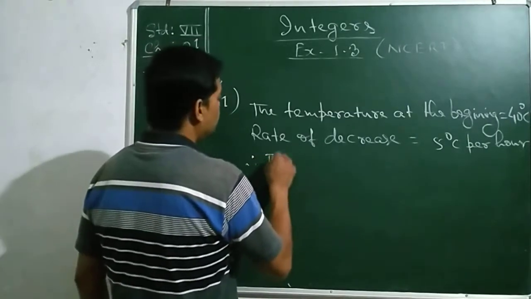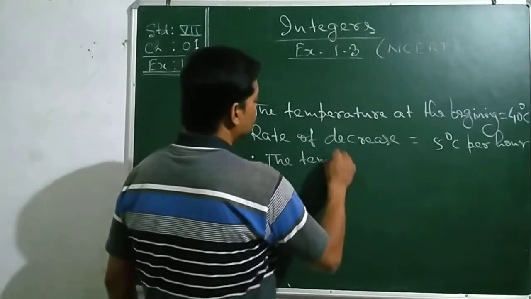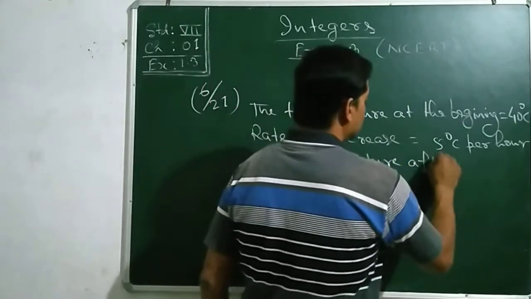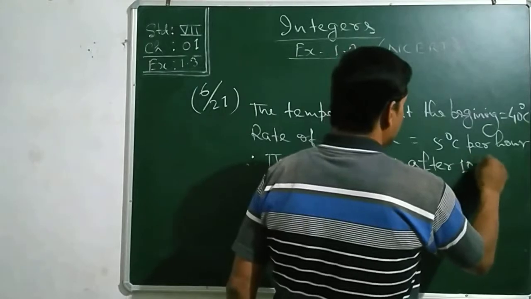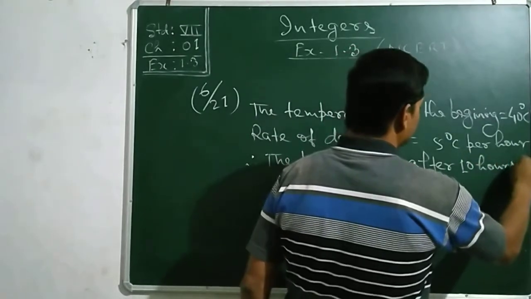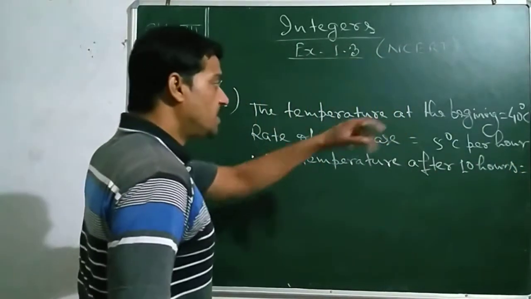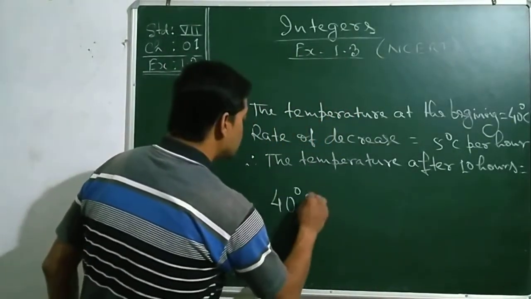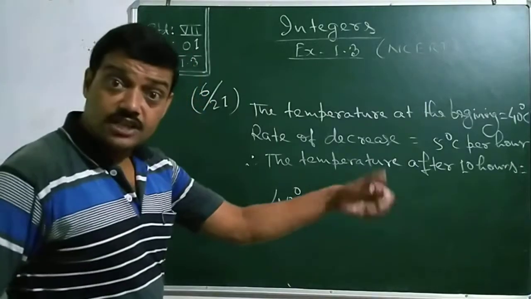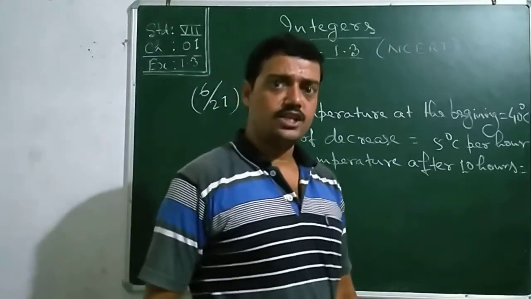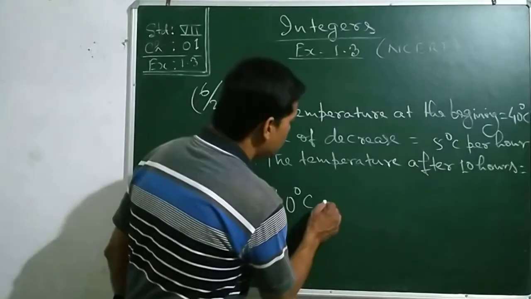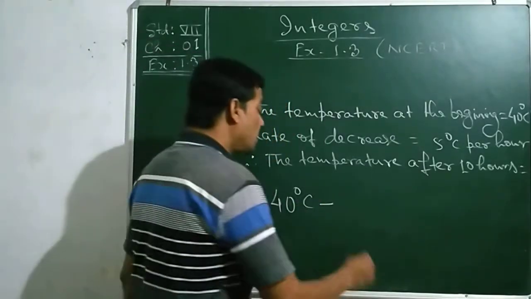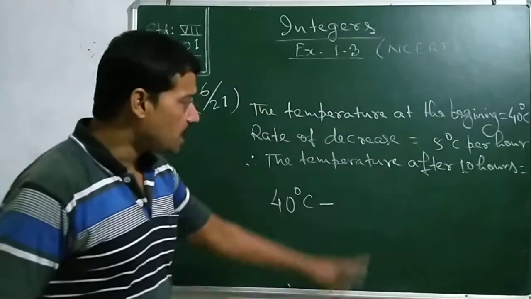Therefore, the temperature after 10 hours is equal to, see, the beginning temperature, that is 40°C, and as the temperature is decreasing continuously, we will use the negative integer to show the decrease, and for how much time it has decreased.